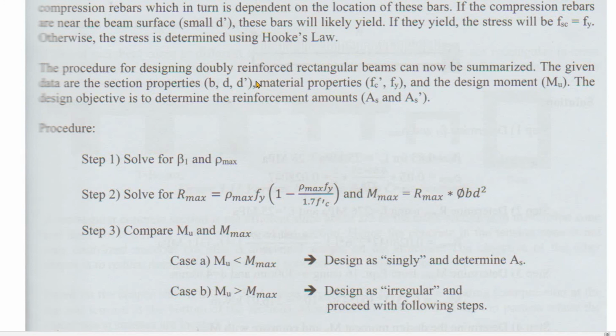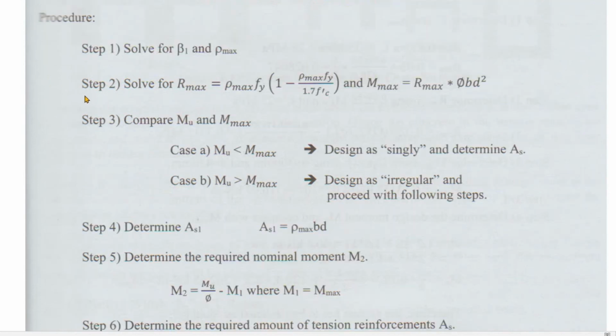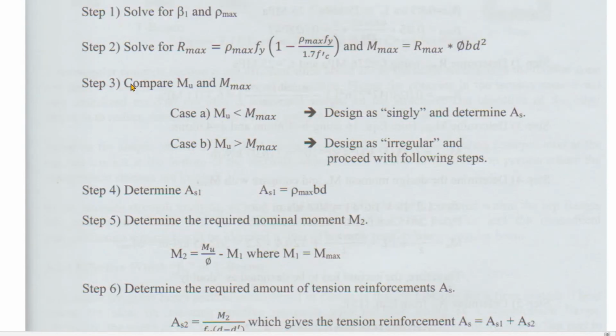The procedure for designing DRB can now be summarized. The given data are the section properties. Here it is: b, d, and d prime, material properties, and the design moment. The design objective is to determine the reinforcement amounts, AS and A prime S. So, for step 1, these are the important ones.